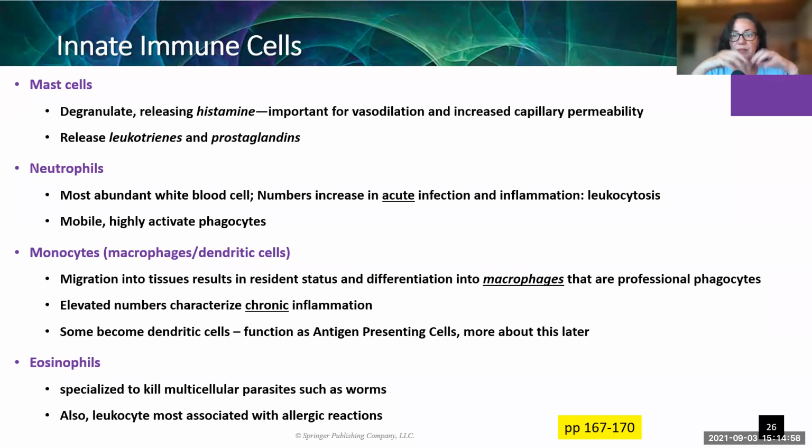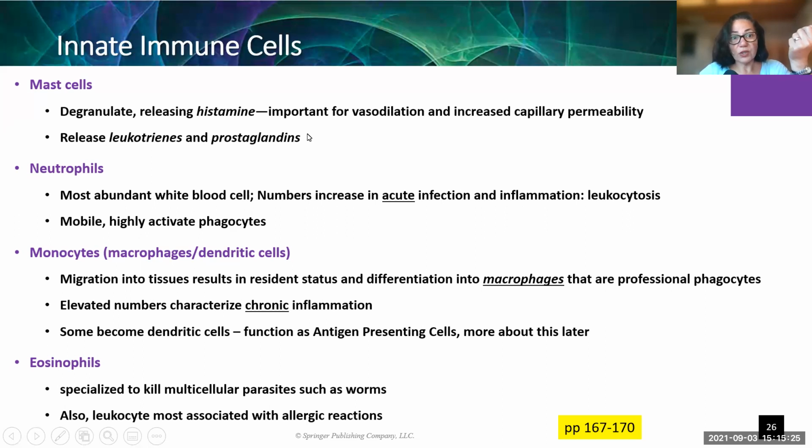So liquid that's in the capillaries can come out into the tissues, and we get swelling, which we associate with inflammation. So vasodilation allows more blood to flow through the area. So there's redness, there's more heat in the area. These are all cardinal signs of inflammation. And it's all in reaction to histamine.